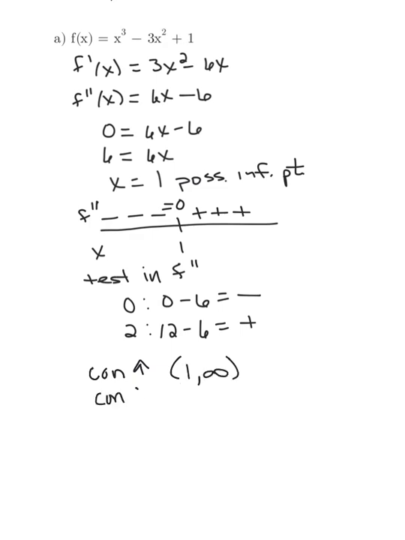We are concave down on the interval from negative infinity to 1. And because we did change concavity at that value of 1, we do have an inflection point at 1. And if you put this in the original to find the y value, you would get negative 1 as your y value.